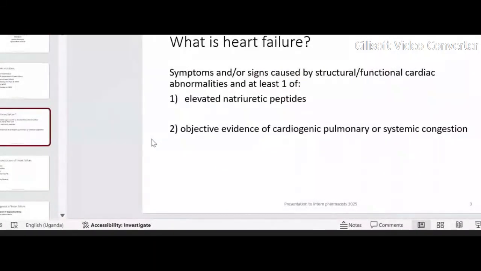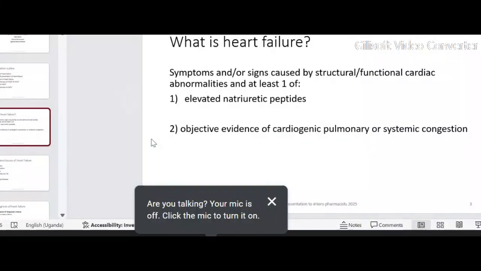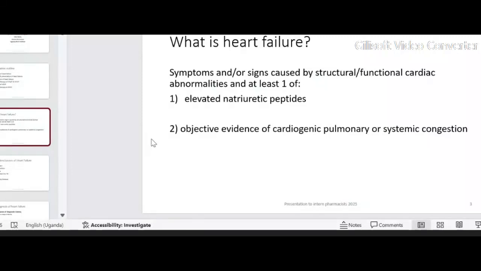Okay. So heart failure. Heart failure can mean symptoms or signs caused by structural or functional cardiac abnormalities, with at least one of the below. Your patient will either have a structural problem of the heart, either the heart is too big, or there's a valve problem, or there is an infarct somewhere.